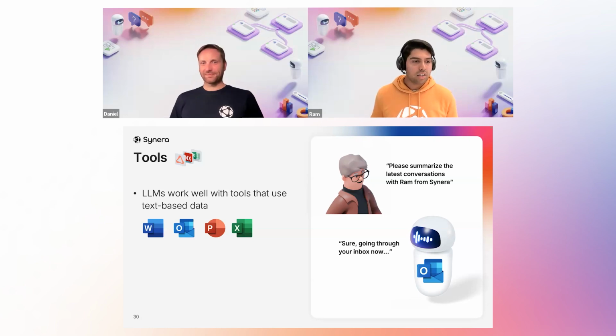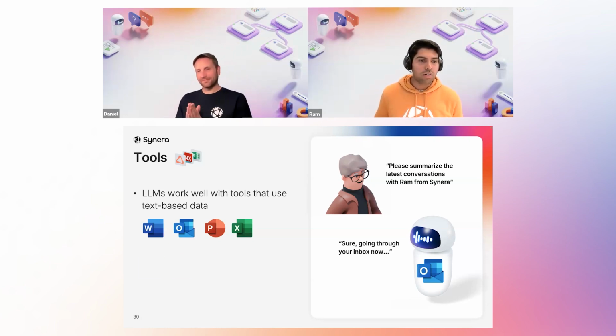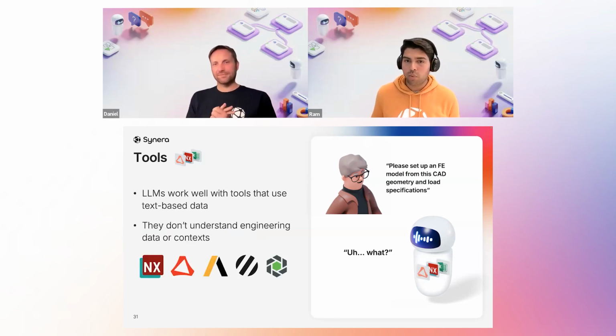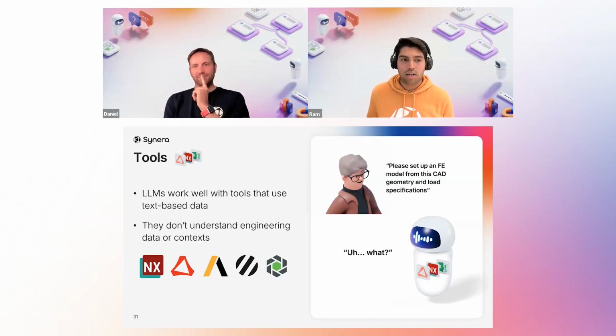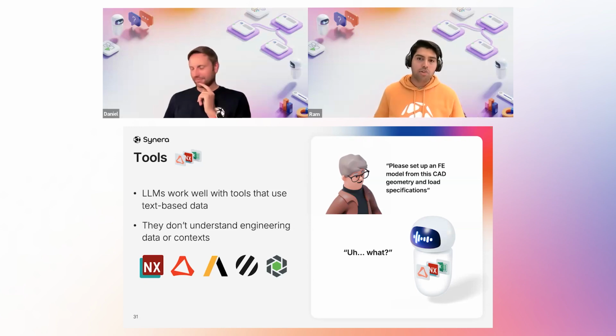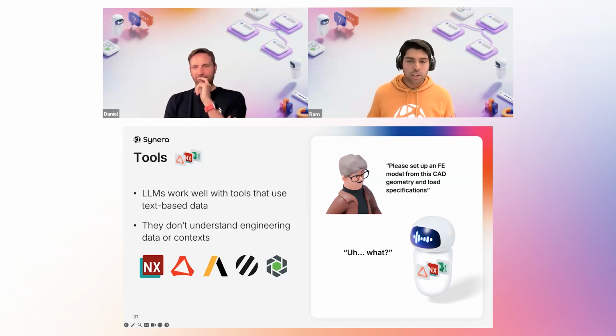Exactly. And I think we need to understand why it is a problem. Why is it not so simple to just upload an ANSYS model or a CAD model and ask questions with context? Because LLMs are not natively trained for this. They are trained more for general purpose applications, and engineering data is very unique.